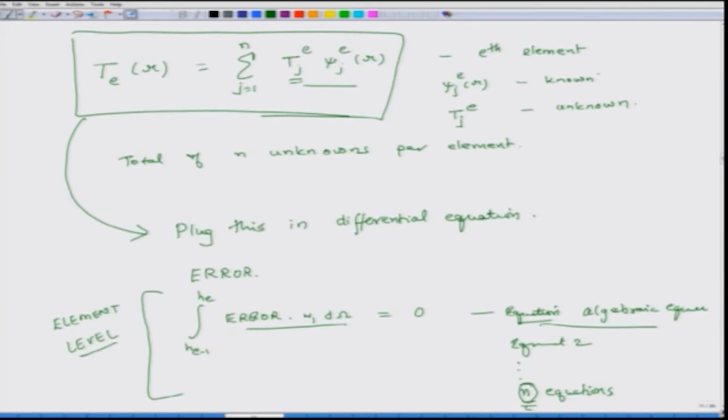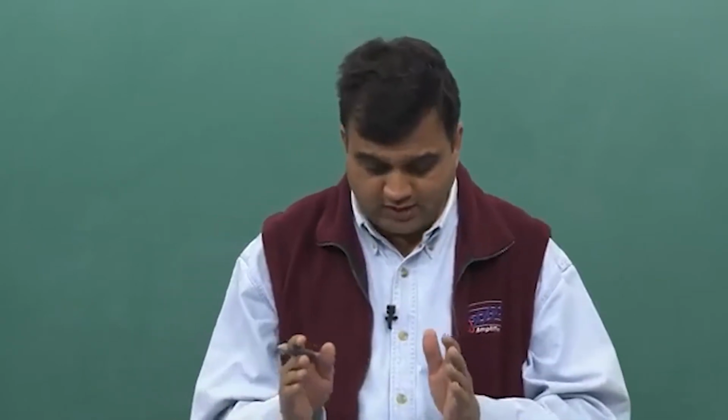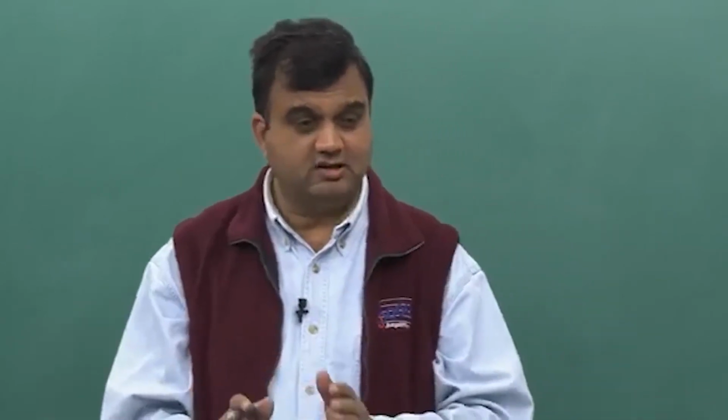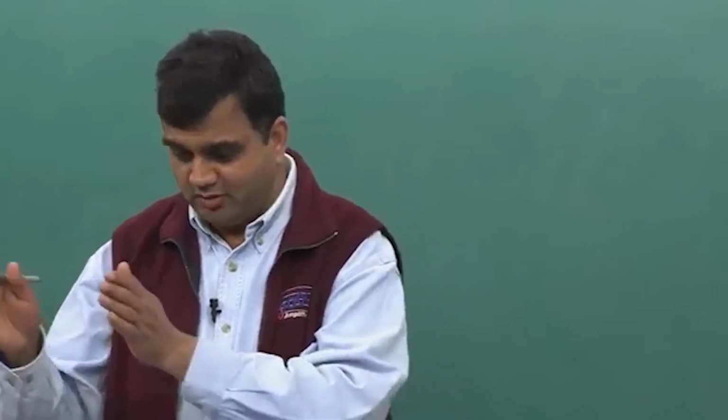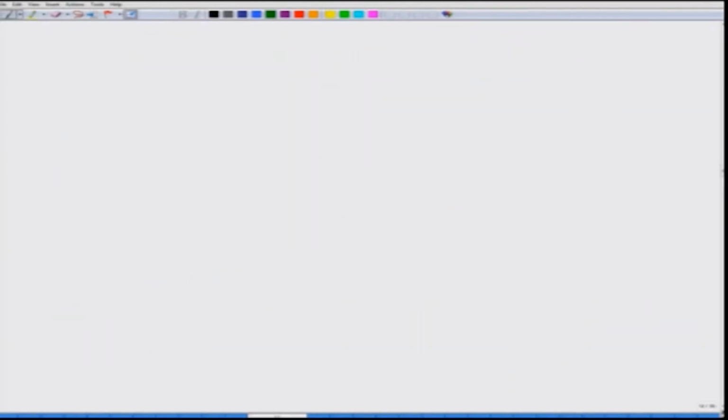Only then we will know what are the interrelationships. So we will connect first element to the second element to the third element to the fourth element, right? So first we will develop equations at element level, and then we will assemble. And how this assembly process happens, we will learn it, but I am now giving you the algorithm. Assemble all these equations.